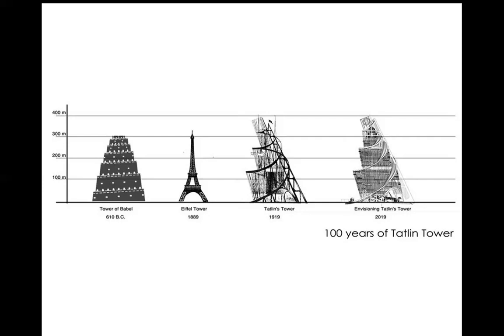I totally agree with Johan Huizinga, the important Dutch historian, who said, in order to preserve culture, you have to create it. And this is exactly what these people tried. 100 years after Vladimir Tatlin proposed his tower, from 1919 to 2019, they thought of creating culture, not just by looking passively at the past, but creating something new, connected with what they were celebrating and paying homage to.